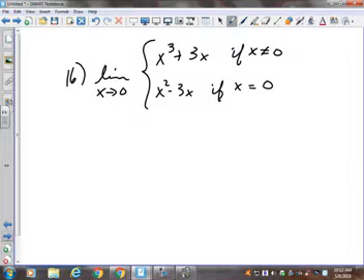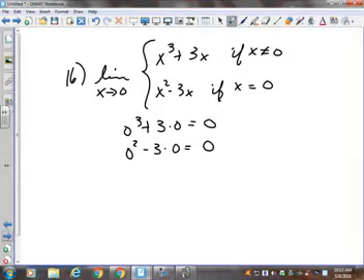So this one's going to have a big gaping hole at 0 because it says don't use 0, right? But if I plug 0 in, I get 0. So I got a big gaping hole at 0, at the origin in that graph. In the second equation, I have a quadratic. It says plug in 0.